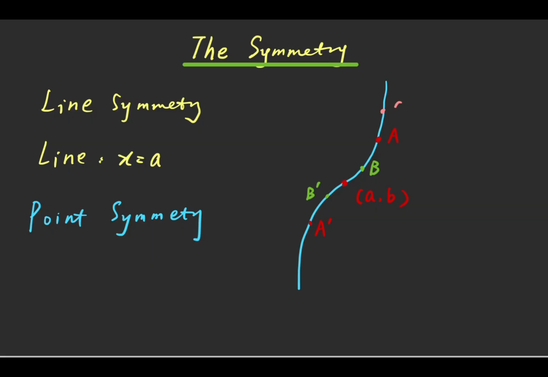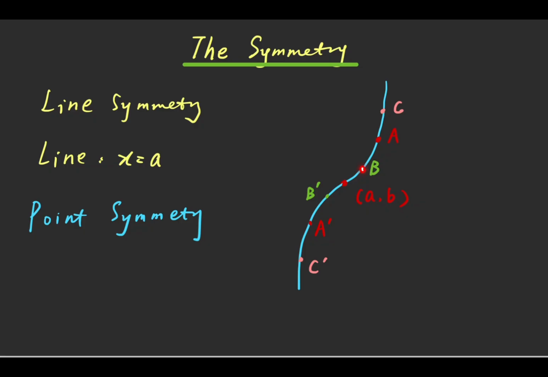You can use this point C, and here it is point C prime. If you connect A and A prime, this point (a, b) must be the midpoint of the line segment AA prime.